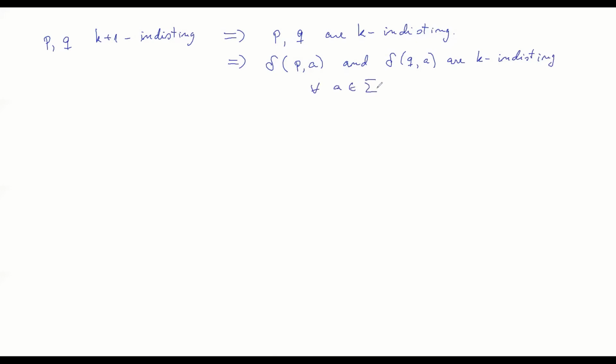And that just gives us, by induction hypothesis, that P is in this class K with Q, and delta of PA is in the same equivalence class with delta of QA, and that goes for all A in sigma.